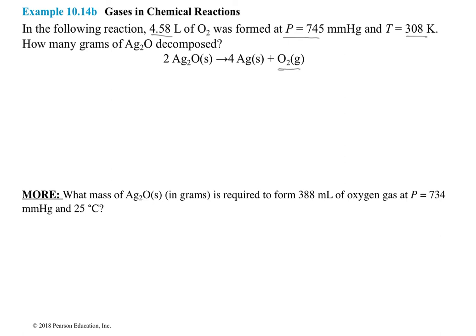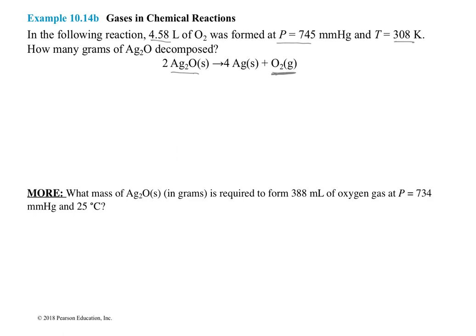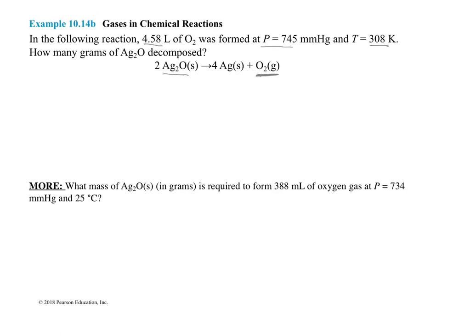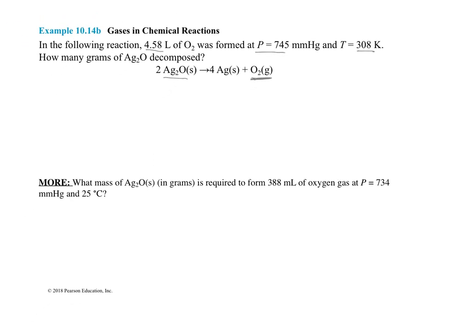Then once I find moles of oxygen gas, I can use stoichiometry to get to my solid. So let's see, I have volume, 4.58 liters. I have pressure, 745 millimeters of mercury. So let's just get that right away into atmospheres.